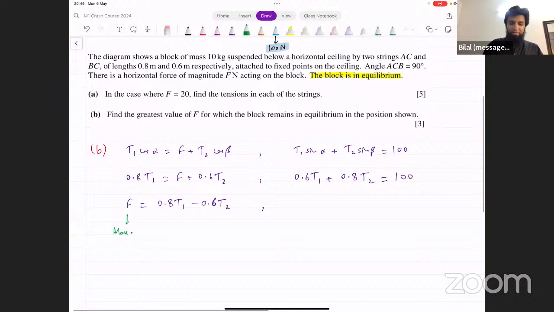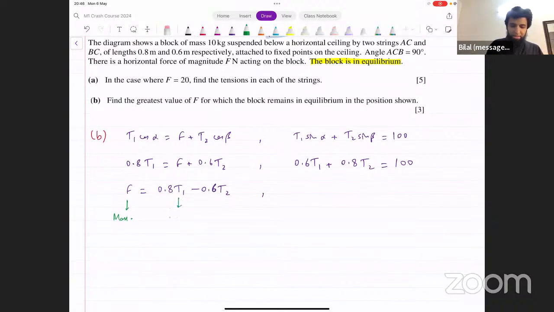For F to be maximum, T1 needs to be maximum and T2 needs to be minimum, right? The positive value has to be as big as possible and the negative value has to be as small as possible. So we want T1 to be as large as possible and T2 to be as small as possible.